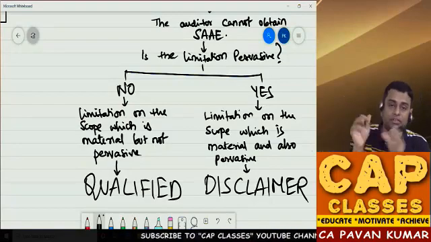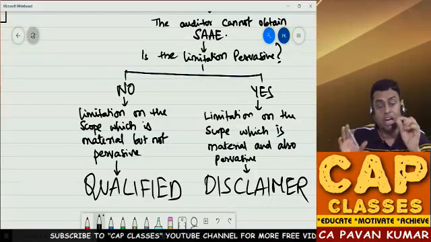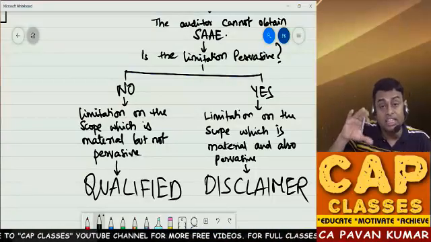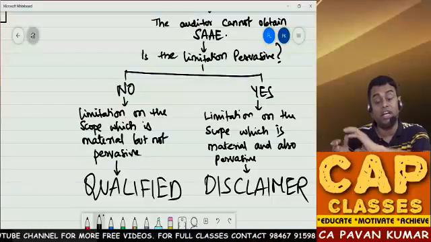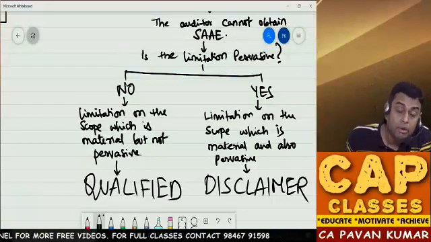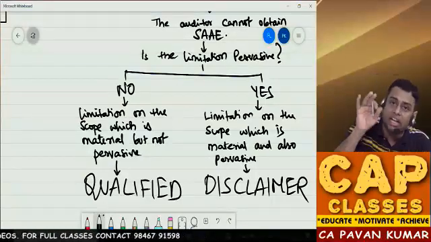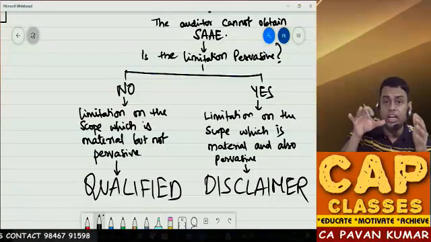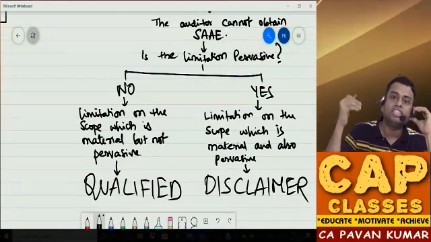That means sufficient appropriate audit evidence is not available. Is it for one transaction, or for many transactions? Is it for many account heads or many account balances? Is this lack of audit evidence affecting my whole spectrum of financial statements, or only one particular item or head? If the problem of lack of audit evidence is spreading over all the financial statements, then it is pervasive.